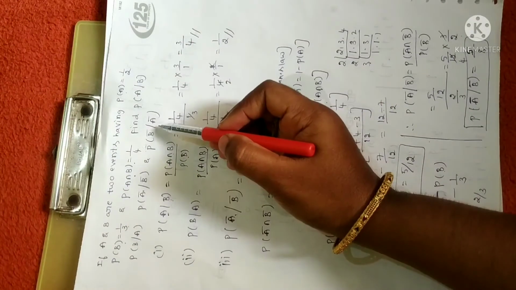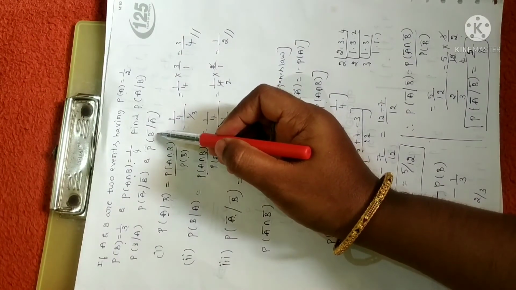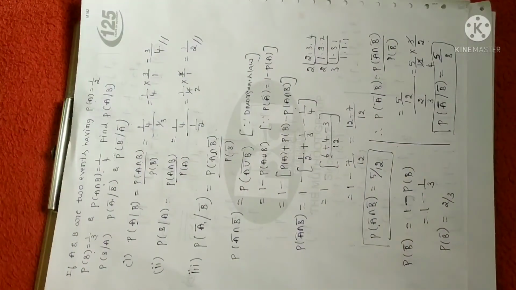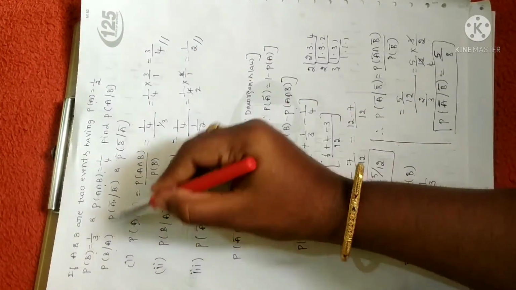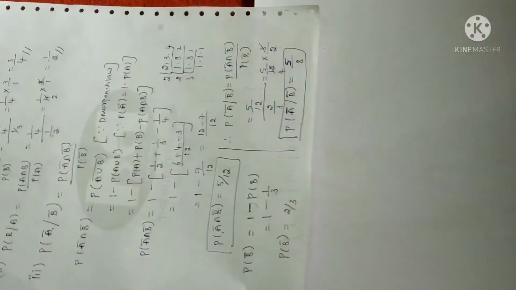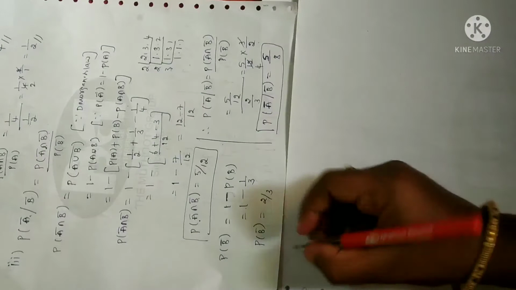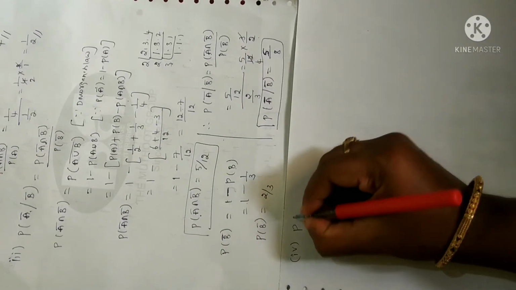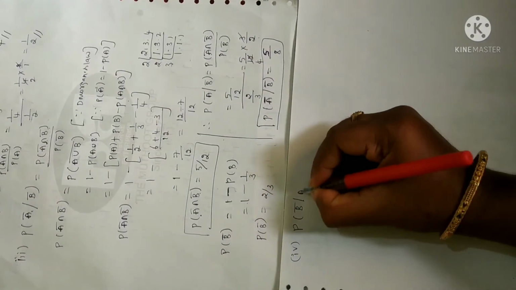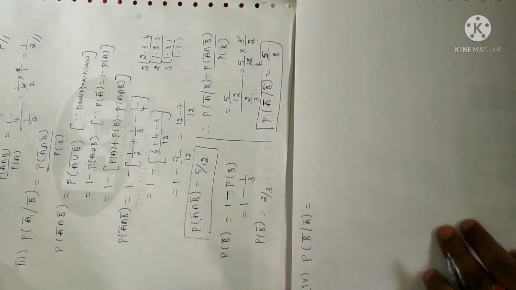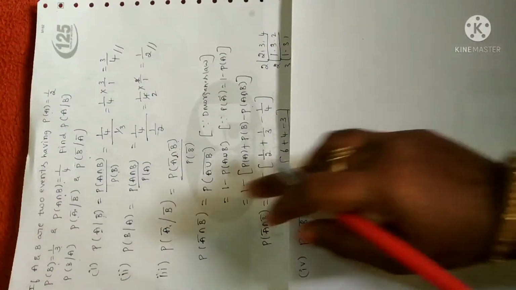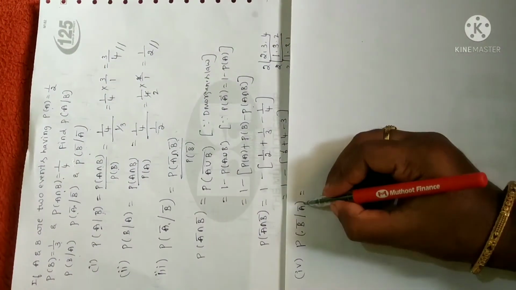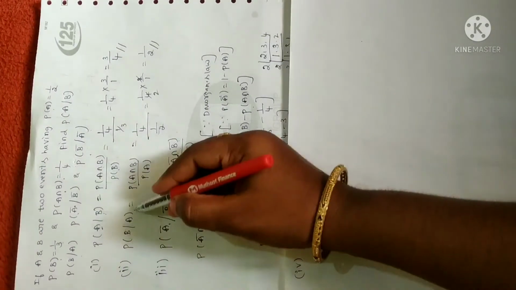So third one finished. So first 3 questions are completed. Next, fourth question, let me continue here. What we have to find is probability of B bar with reference to A bar. First let me write the formula. So see here, B by A becomes B bar by A bar, so you have to replace B with B bar and A with A bar.